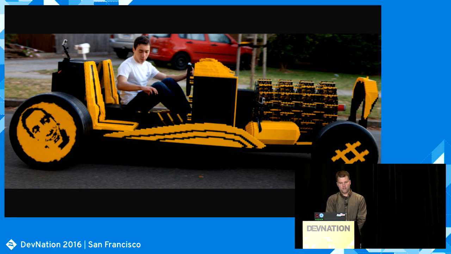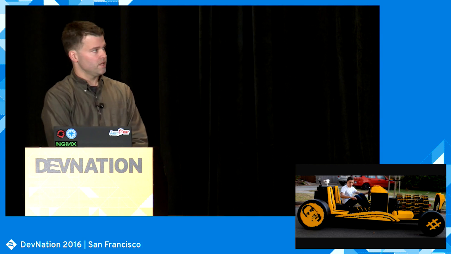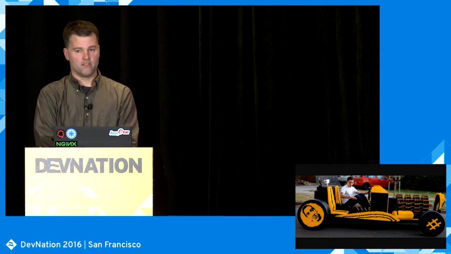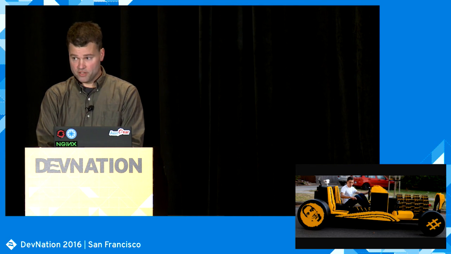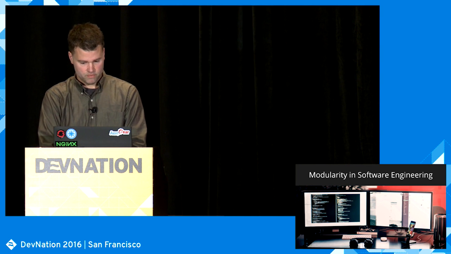So for me, as an open source developer providing a set of modules to a community, Lego is kind of the ideal story, right? If we can provide developers with a set of components that they can use to solve problems and build applications to solve their use cases, then we've found success.